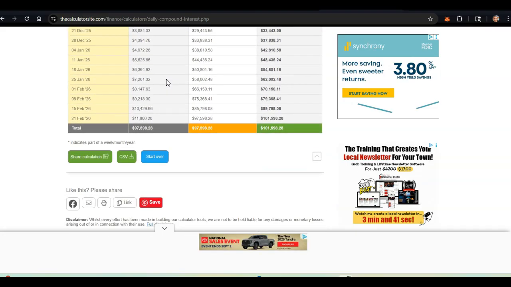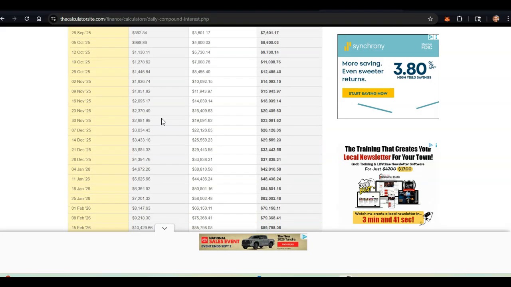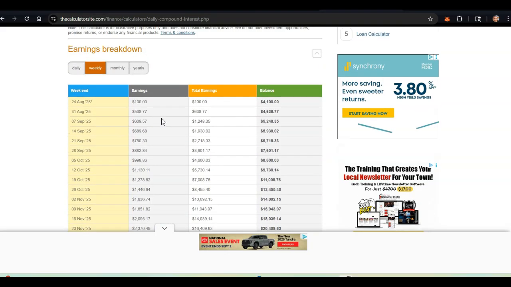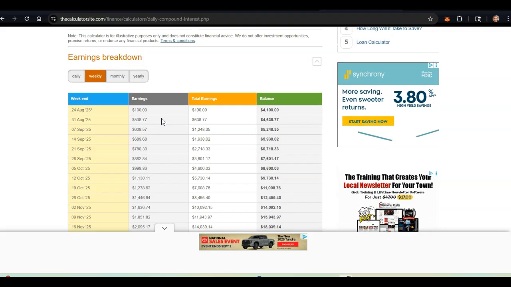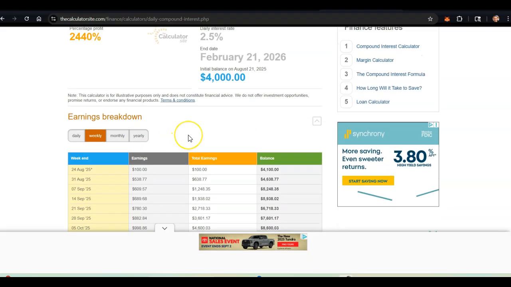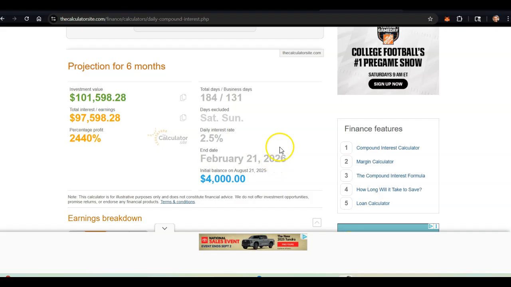So in 6 months, look where you're at in February now. You're at that 10,000 or 11,000 range in February. You still got to $10,000 a week by just doing 2.5 in 6 months. Did you get to the 677,000? No.